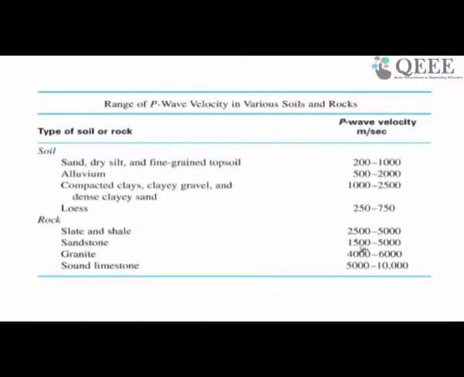So H1, H2, H3 can be found from the different velocities corresponding to the different X1, X2 and X3.